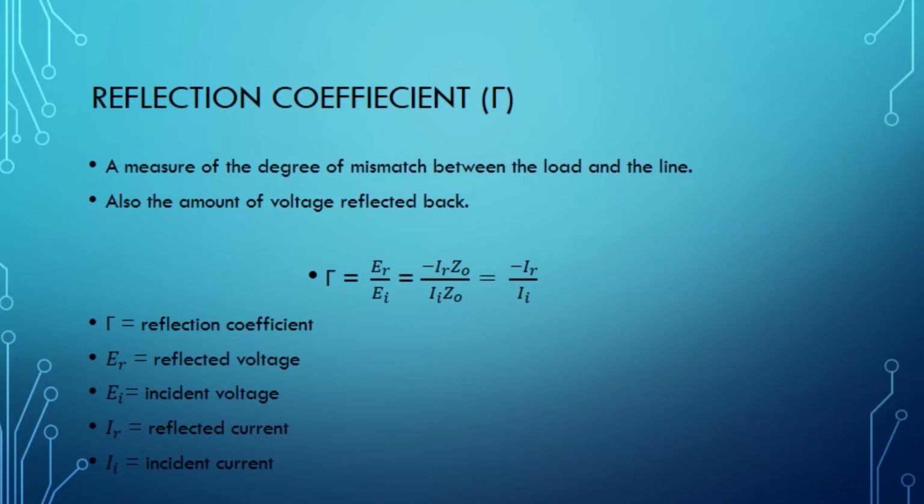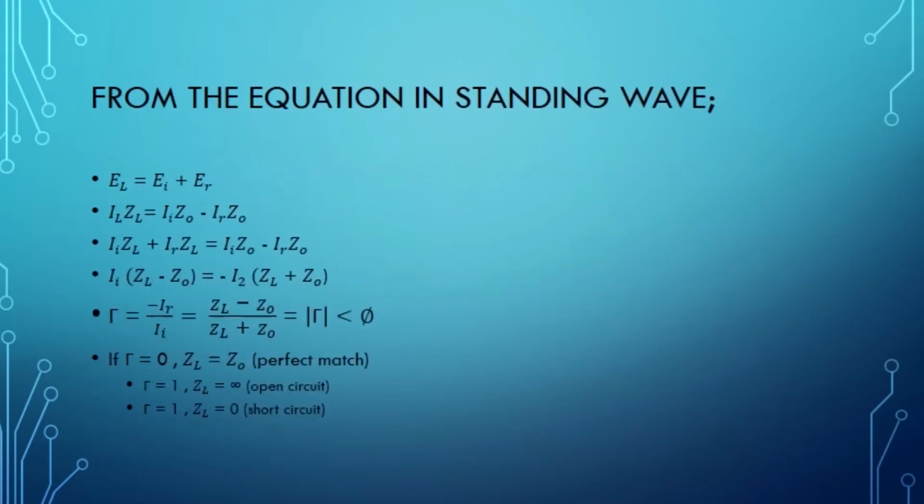The reflection coefficient is a measure of the degree of mismatch between the load and the line, and also the amount of voltage reflected back. The formula is equal to the reflected voltage divided by the incident voltage, or the reflected current over the incident current, but the polarity or the direction is different.